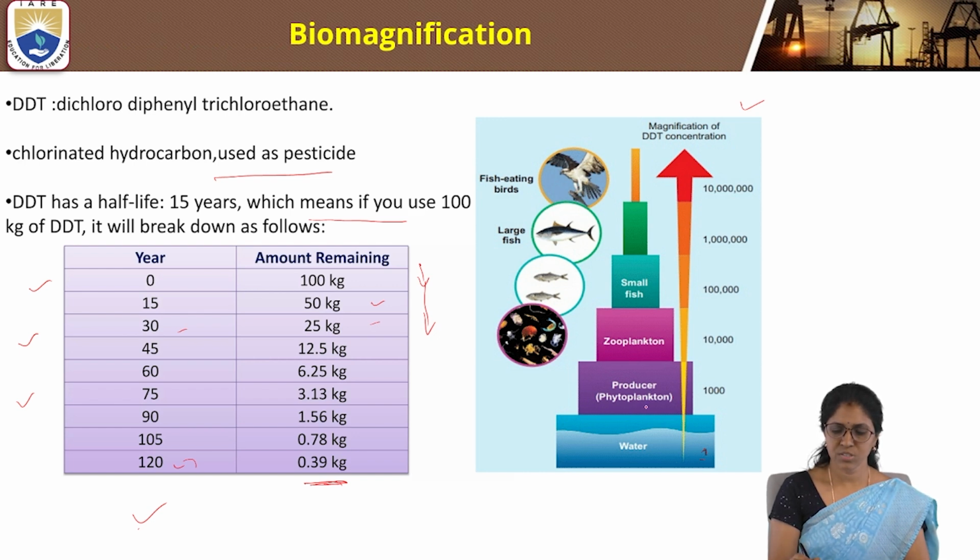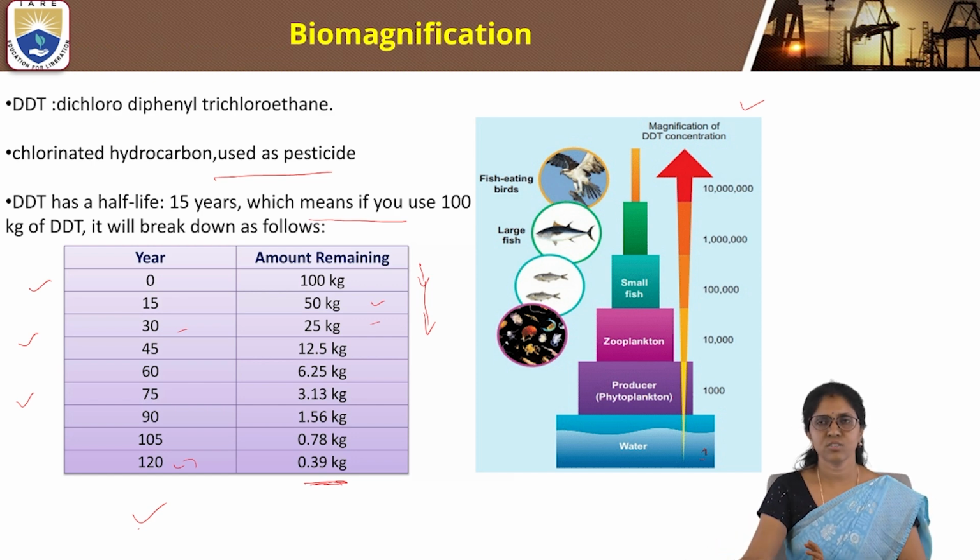Here the producers are phytoplankton, which are getting contaminants from the water. These producers are consumed by zooplankton, which get contaminants from phytoplankton. These plankton are consumed by small fish. Small fish are consumed by large fish, and large fish are consumed by fish-eating birds.